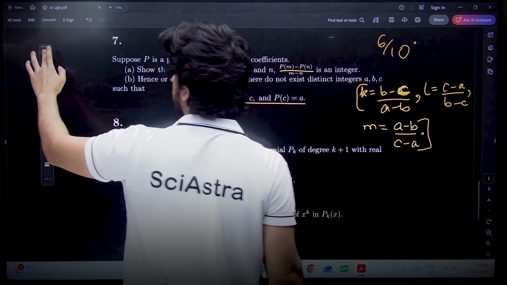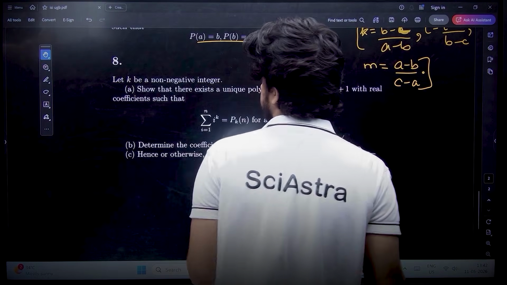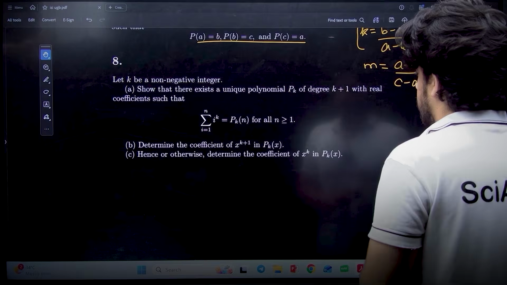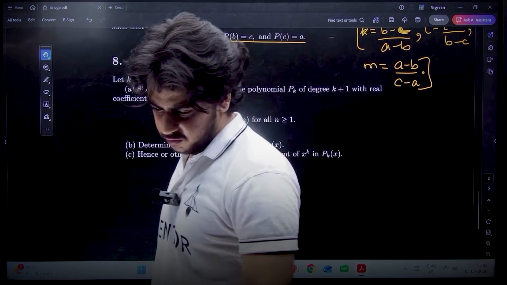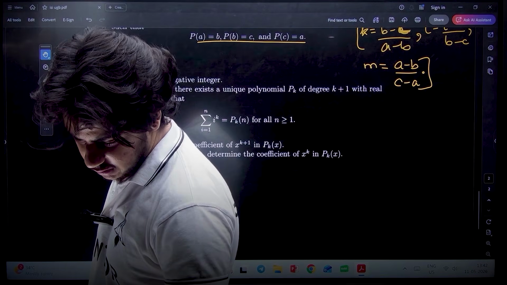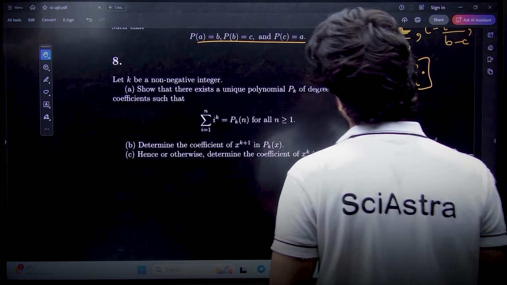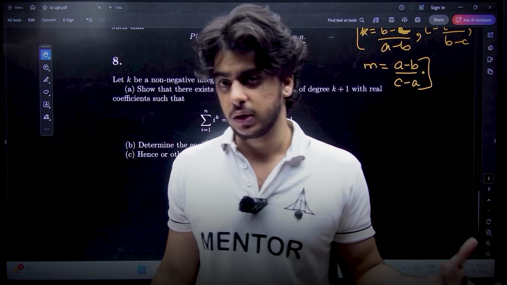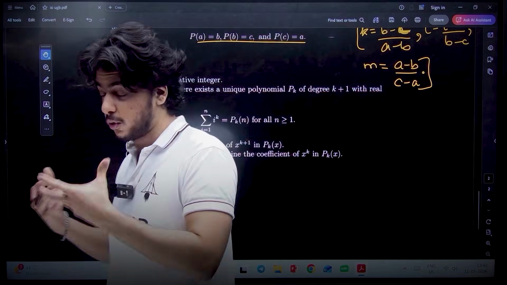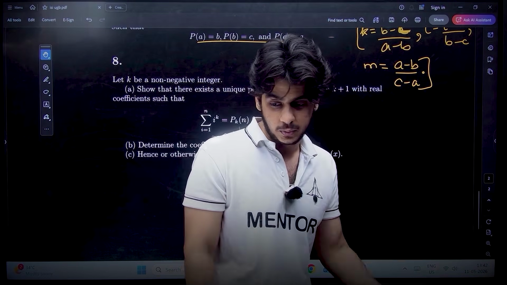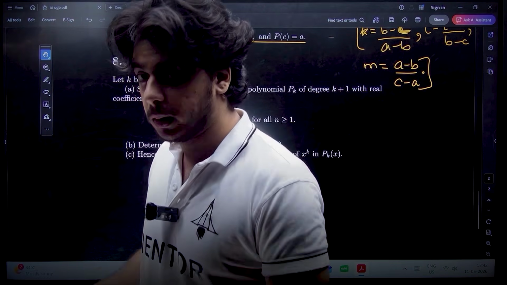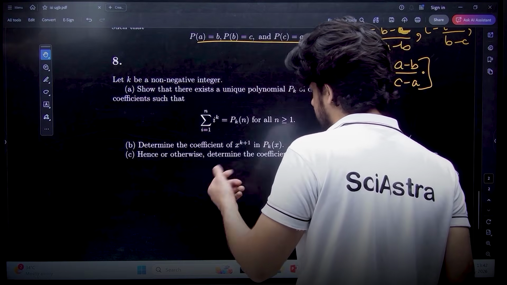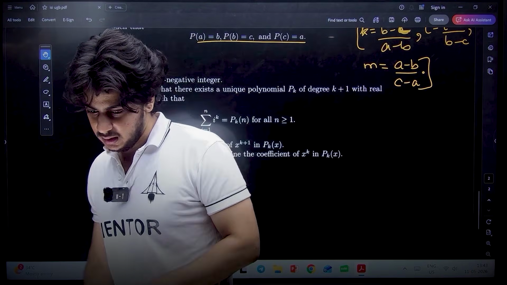All right, so the last question is question number 8. This question again is of similar difficulty as question number 7. First of all, you will show that this polynomial exists. Then you will show uniqueness, because if there are two, they both have to have a degree less than or equal to k plus 1, and they have to agree on all positive integers. So that means uniqueness is implied. Not a very hard part.